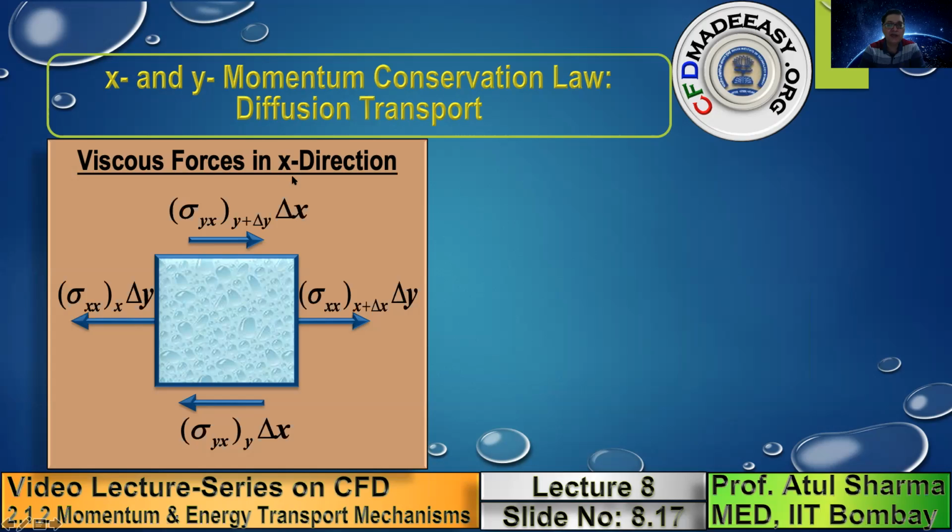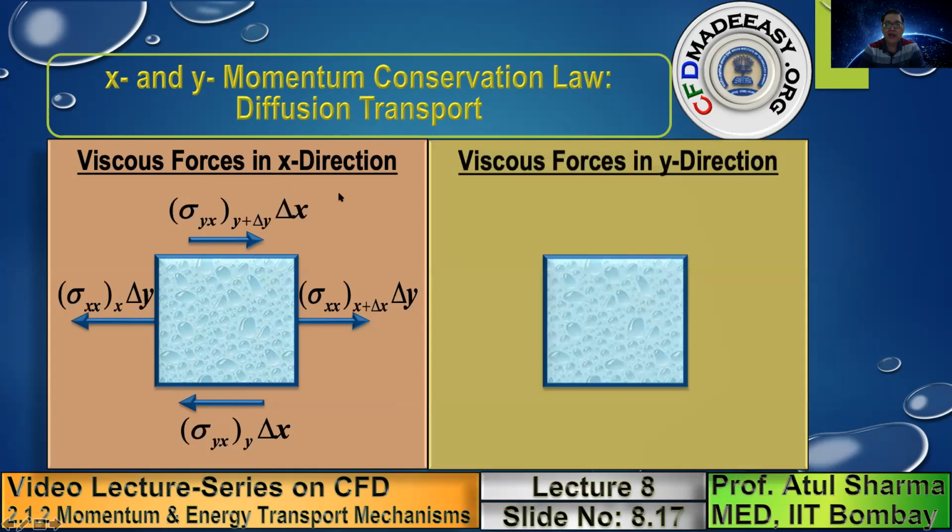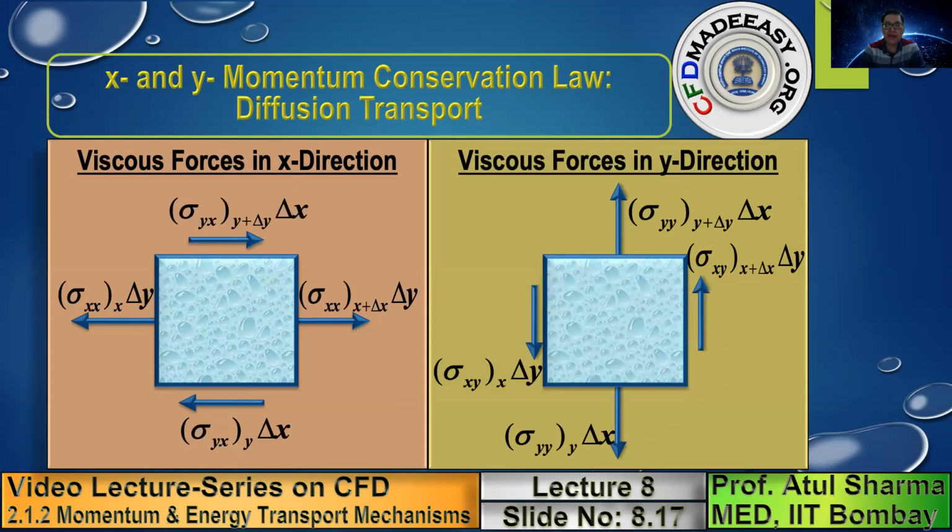This is for viscous forces in the x direction. Similarly, you can have viscous forces in the y direction, where all the arrows are in the vertical direction. Note that the viscous forces in the x direction consist of sigma xx and sigma yx, whereas viscous forces in the y direction consist of sigma xy and sigma yy.